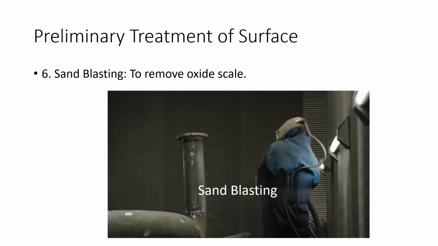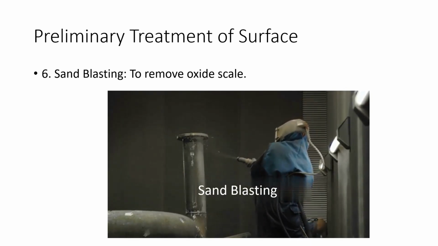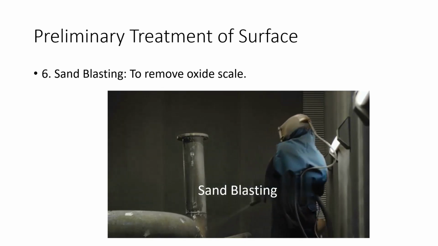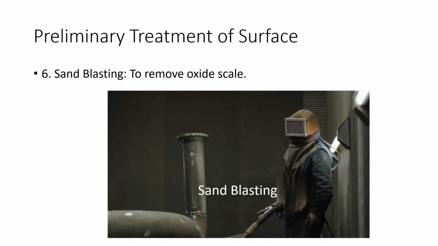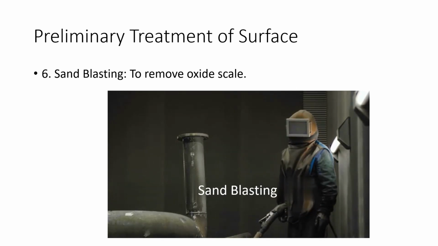So basically there will be sand with a high pressure line, and through that high pressure line, the sand or small sand particles can clean the surface. As a result of the sandblast impact, any scale can be removed.